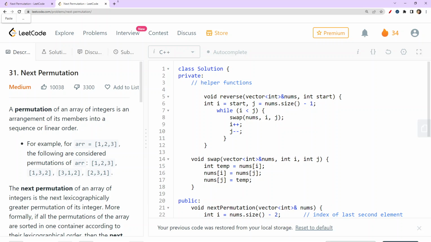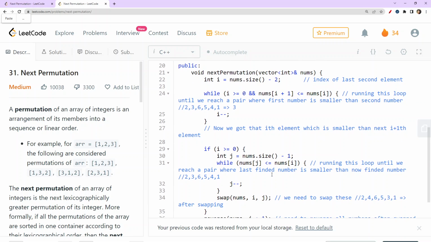So this was all. And the most important part, the time complexity. So the time complexity for this solution: this reversing part also takes time complexity of order of n, and this swapping part also takes time complexity of order of n, right?